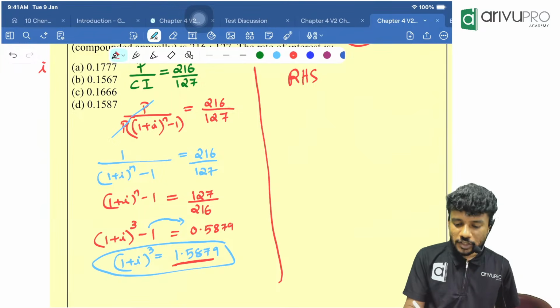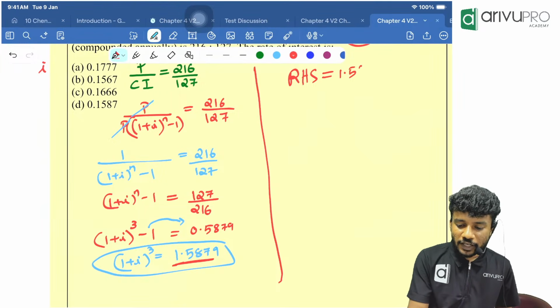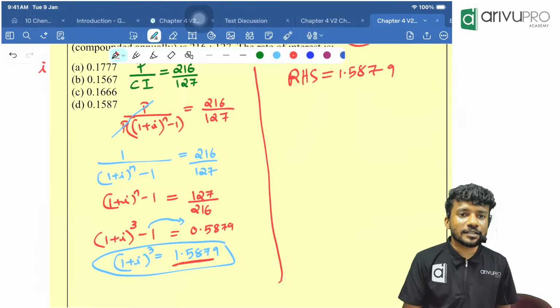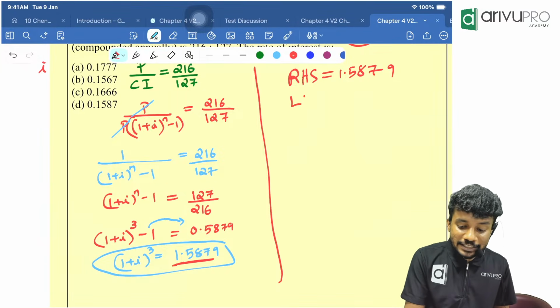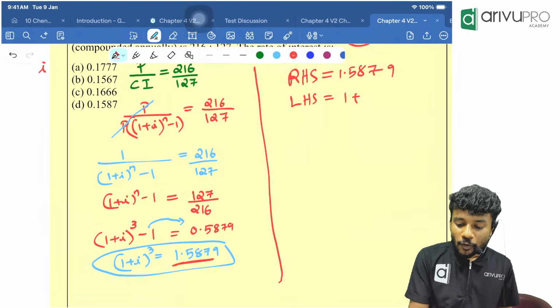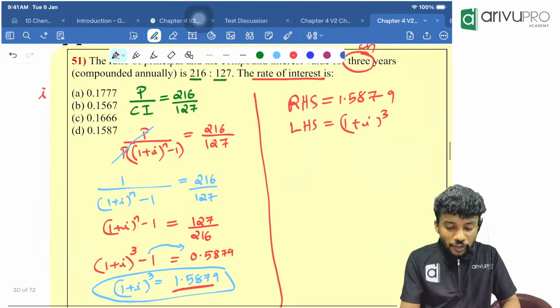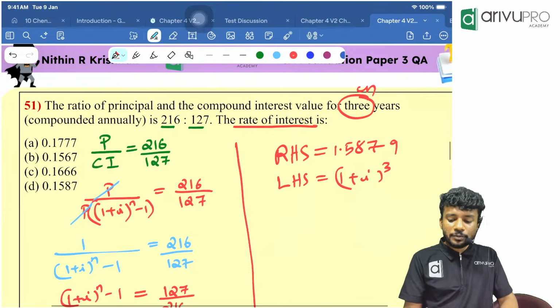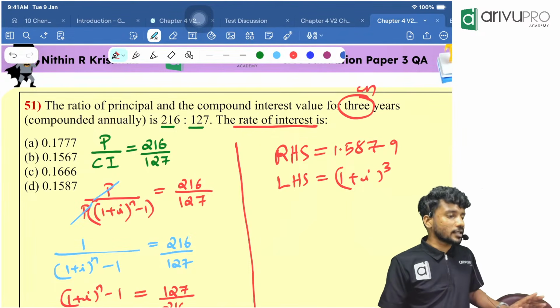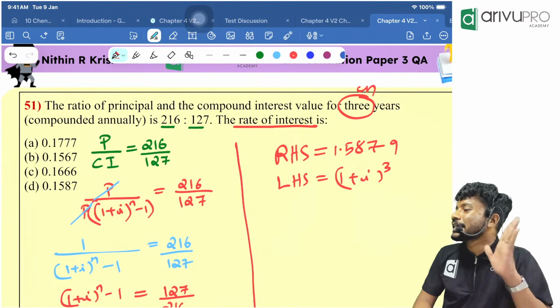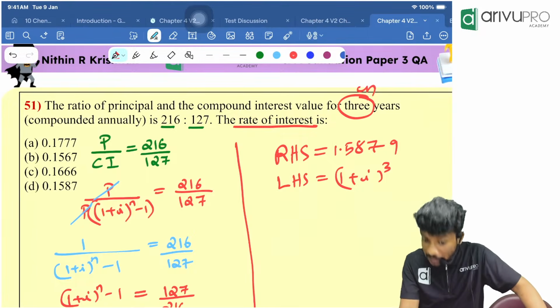RHS is 1.5879. Correct? Now LHS is 1 plus I, the whole power 3. Whichever option makes LHS equal to RHS, or approximately equal, that's your answer.